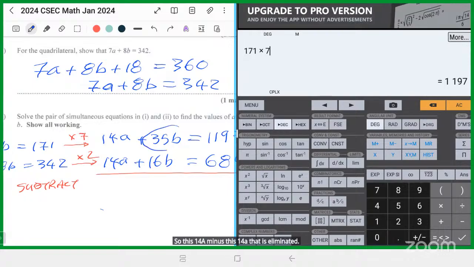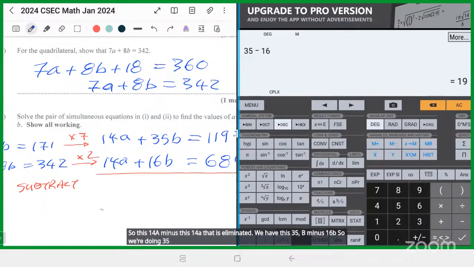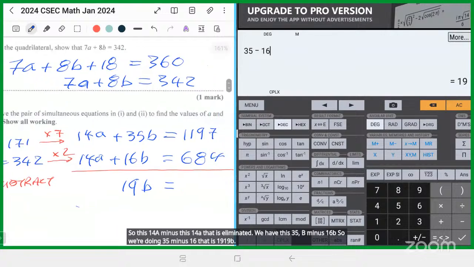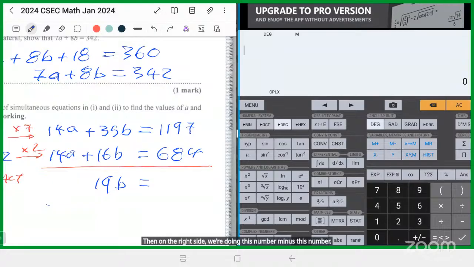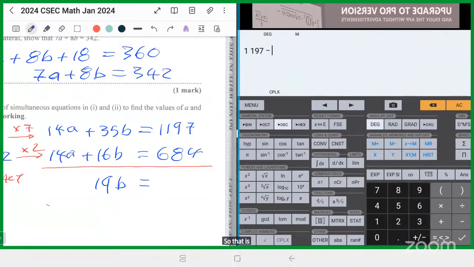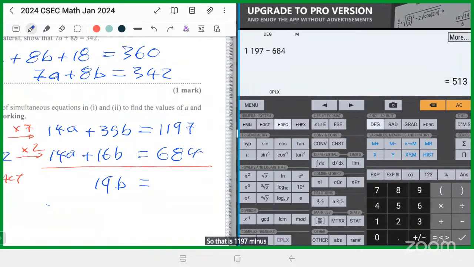Then we have this 35B minus 16B. So we're doing 35 minus 16, that is 19, 19B. Then on the right side, we're doing 1197 minus 684, and we'll get 513.